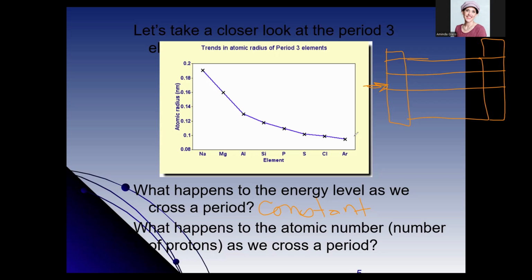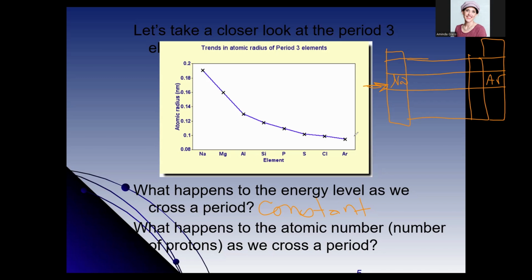Each row represents an energy level. We're right here with sodium. This one would be argon right here. So we're in this energy level. The energy level is remaining constant.